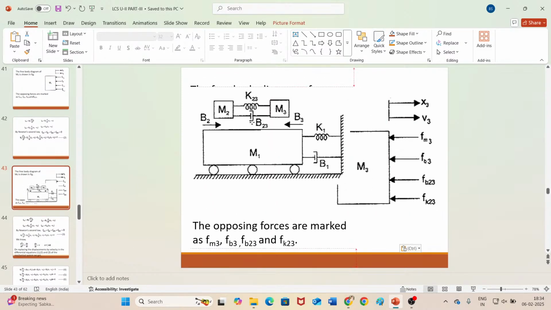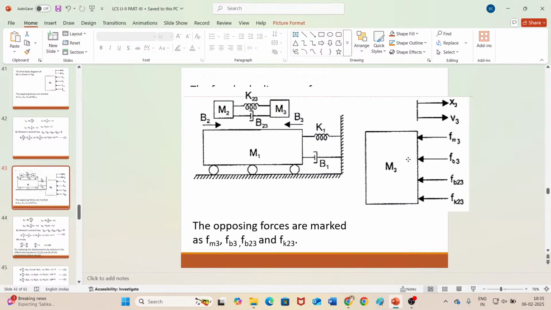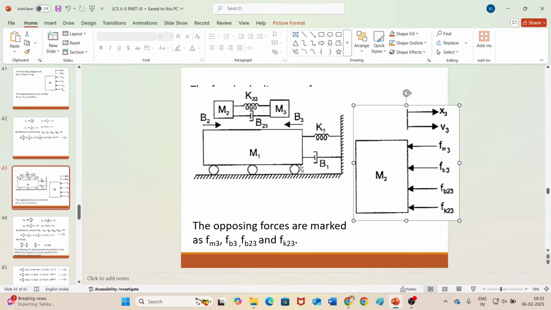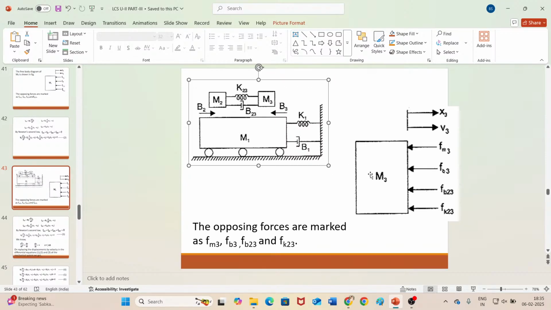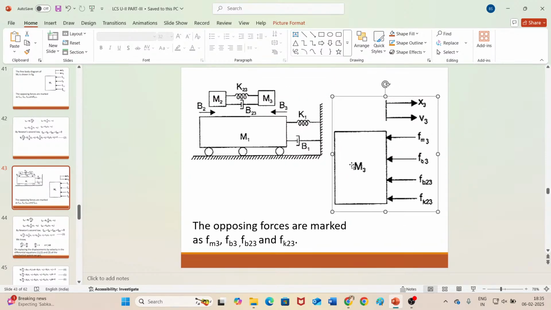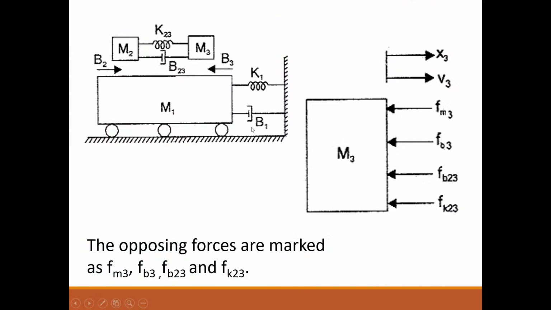Actually, you should not draw the given mechanical system again and again, but I have simply copied it in order to explain by showing this mass m, in order to show the free body diagram of mass m3.